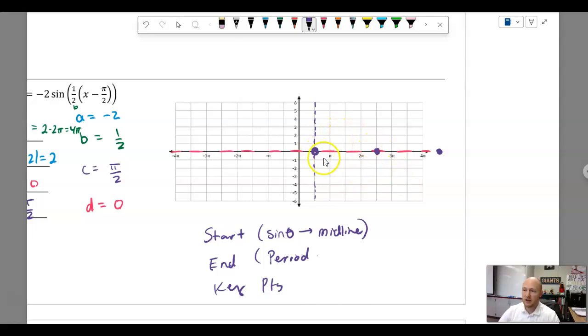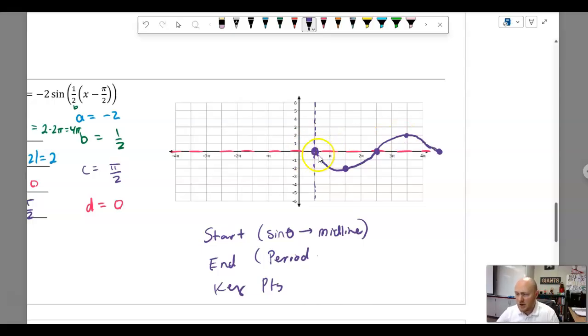But because it's negative, I start to go down. And our a value was negative 2, so that means the amplitude is 2. Okay, minimum at negative 2, and then I'm going to go up here to positive 2. Okay? So here's one cycle. Concave up, concave down. Okay, we're kind of off our graph there.